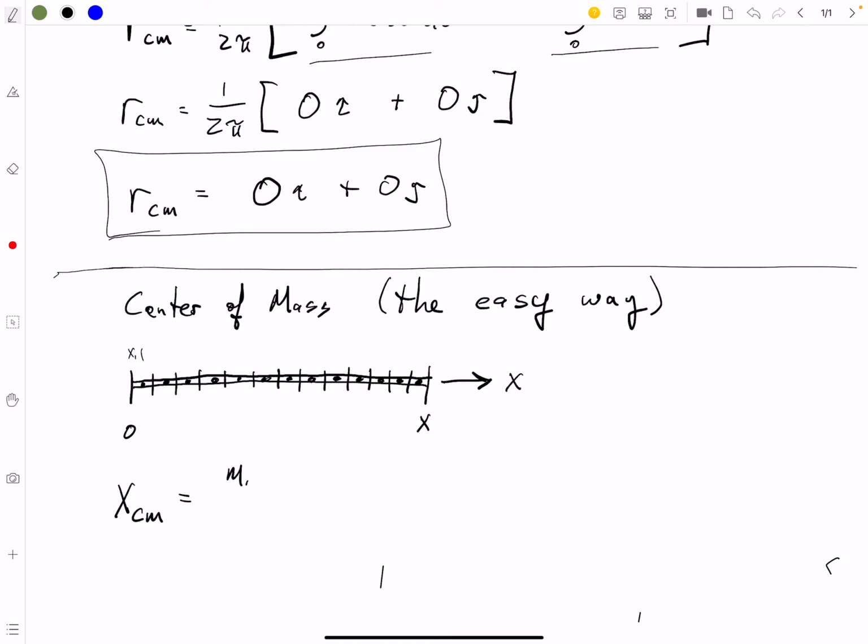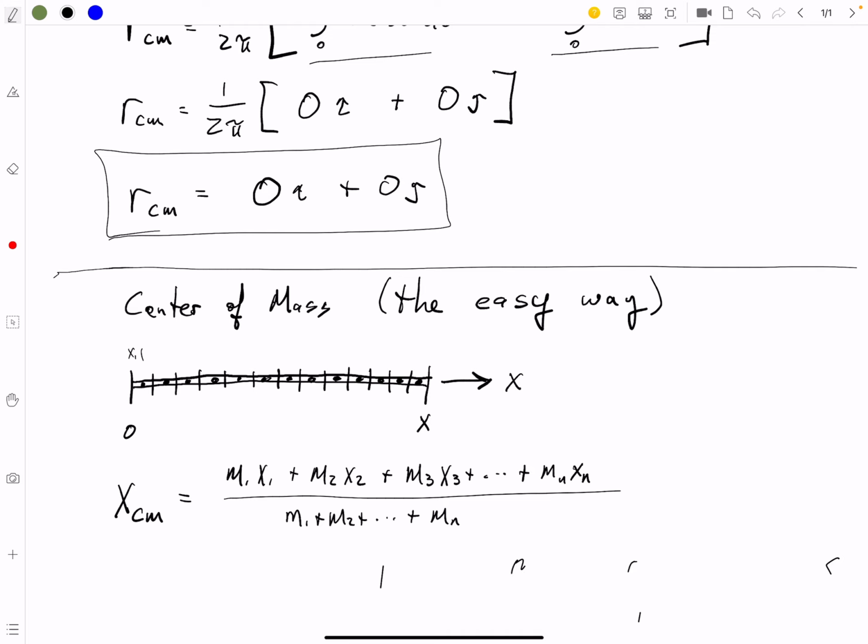And we're going to do m1 x1 plus m2 x2 plus m3 x3 plus dot dot dot, all the way to m n x n, and then we're going to sum up m1 plus m2 plus dot dot dot all the way to m n on the bottom. So that's the total mass of the object.